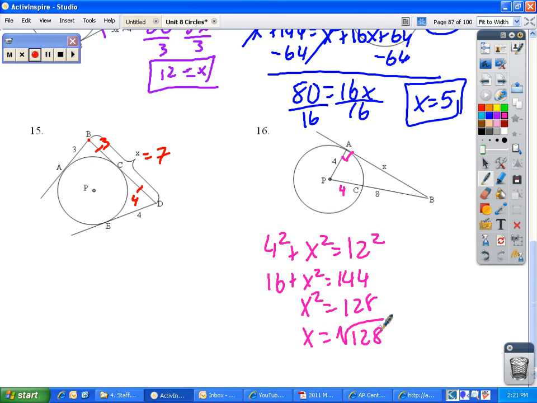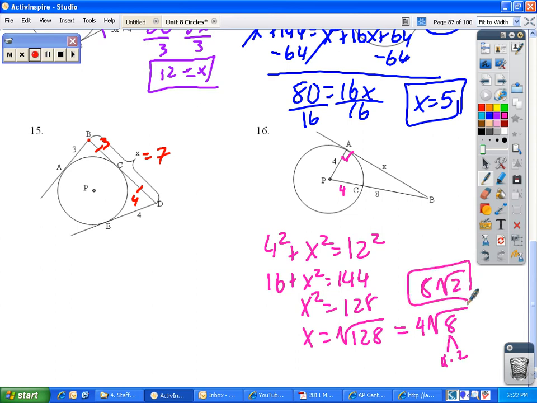Oh, is 128 a perfect square? Square root of 128? No. Okay. So 128, if I divided it by 16, I have 8 left inside. So it would be 4 root 8, and 8 is divisible by 4. So I can take out 4 times 2. And so I take out another 2, and it becomes 8 root 2.